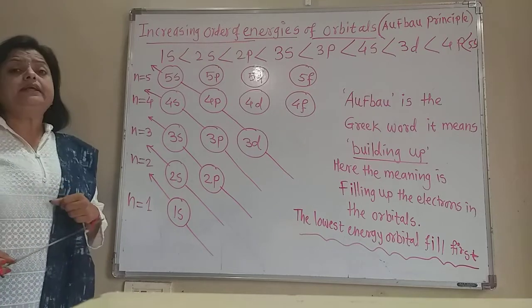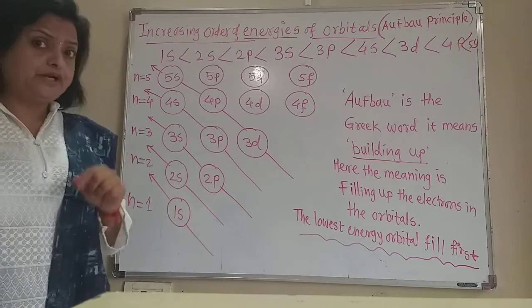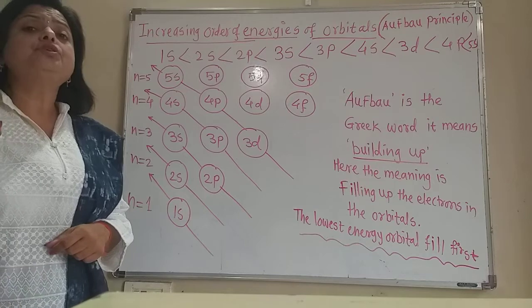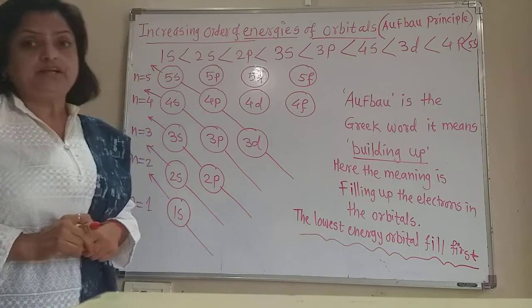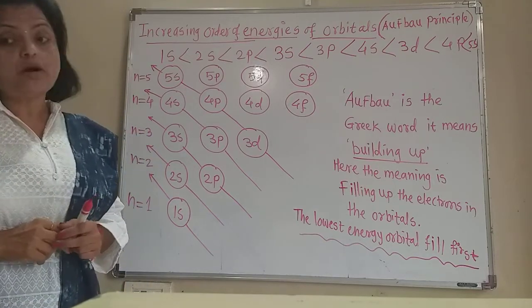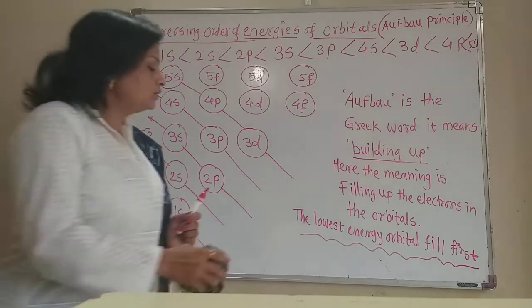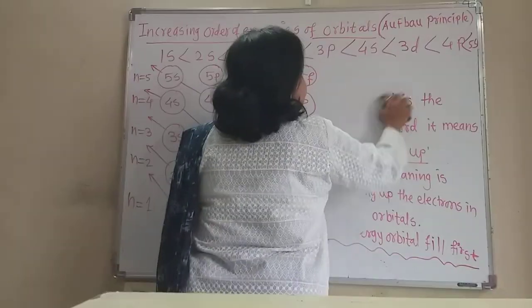Now we know that in each orbital a maximum of 2 electrons are filled and their spins are opposite. Now how do we remember the sequence?